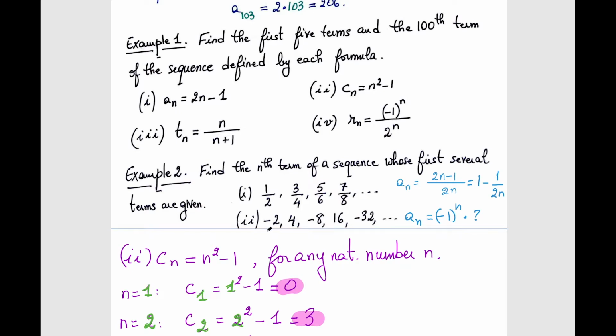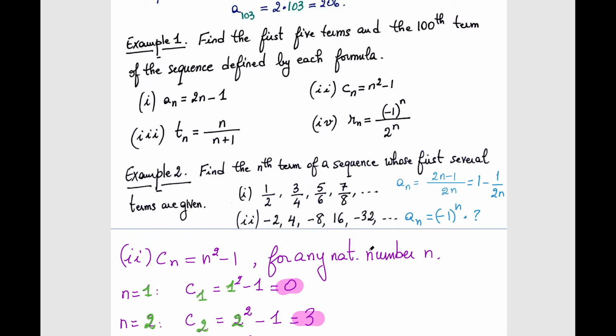Okay, so the sign part looks good. Now let's look at the numbers. They look to me very much like powers of 2, right? This is 2 to power 1, this is 2 to power 2, this is 2 to power 3. I'm ignoring the sign, I took care of the sign, right? I'm trying to answer this question mark.